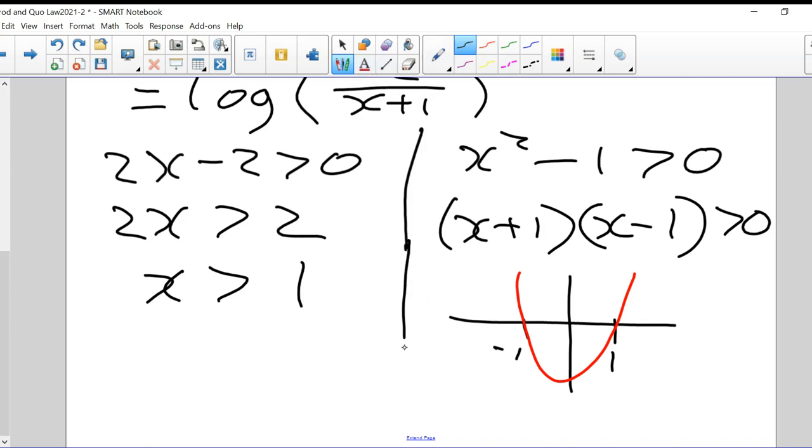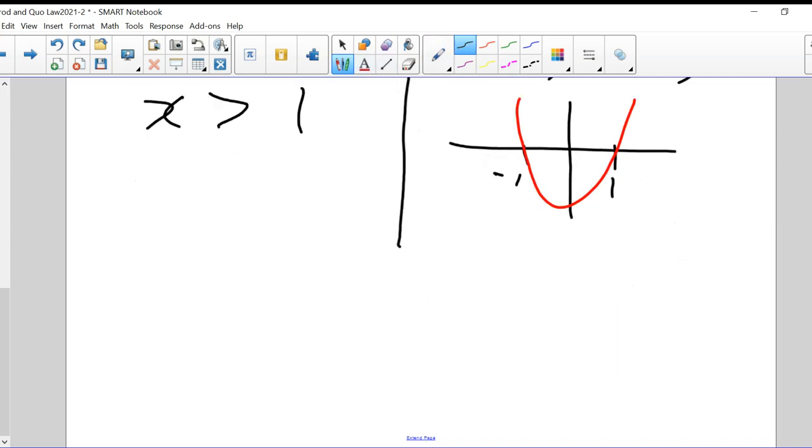Where is this picture greater than 0? So x must be less than minus 1, and x must be greater than 1. Can we all agree on that? Does that make sense to everybody?